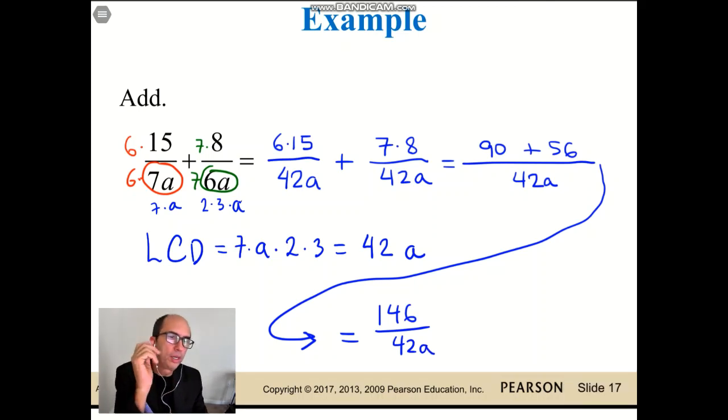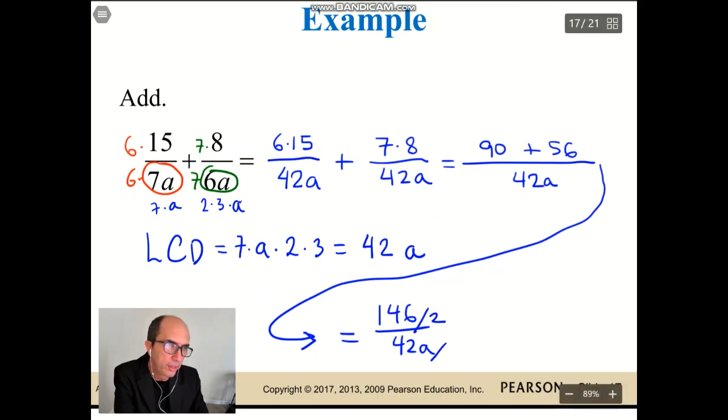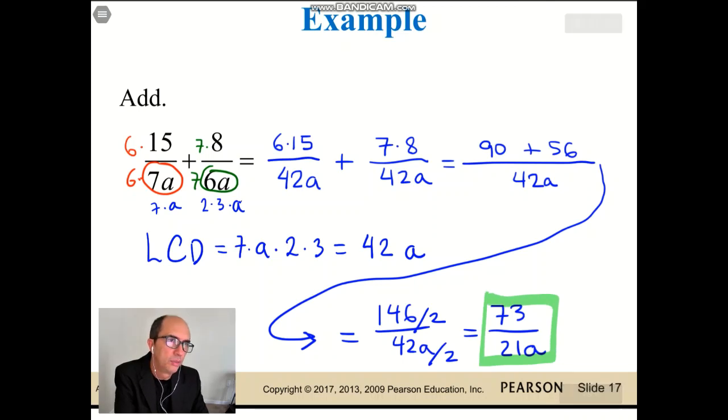Remember, when you present a solution, you have to present the simplest rational expression, the simplest fraction that is possible. And we can simplify, dividing both numerator and denominator by 2, and this is going to be 73 over 21a. This is the simplest rational expression and will be the answer for this example.